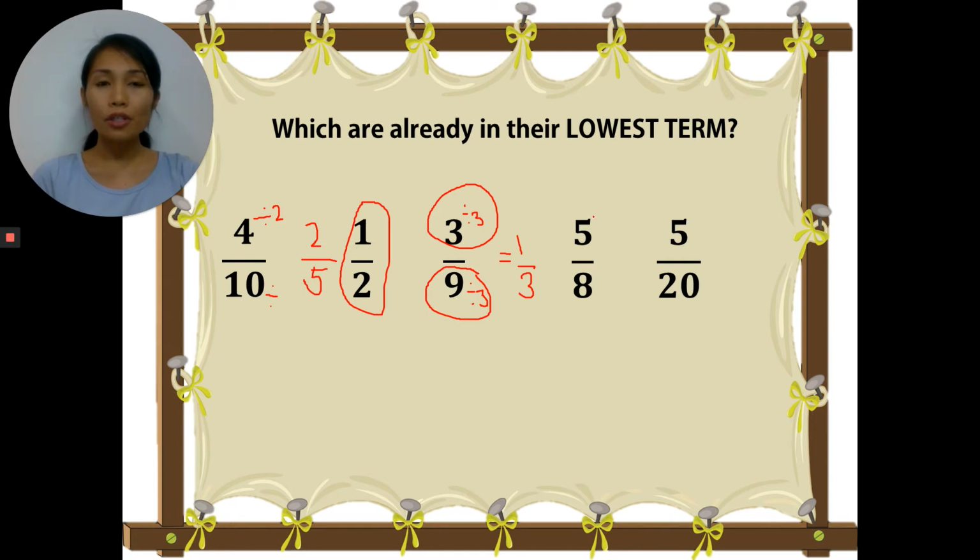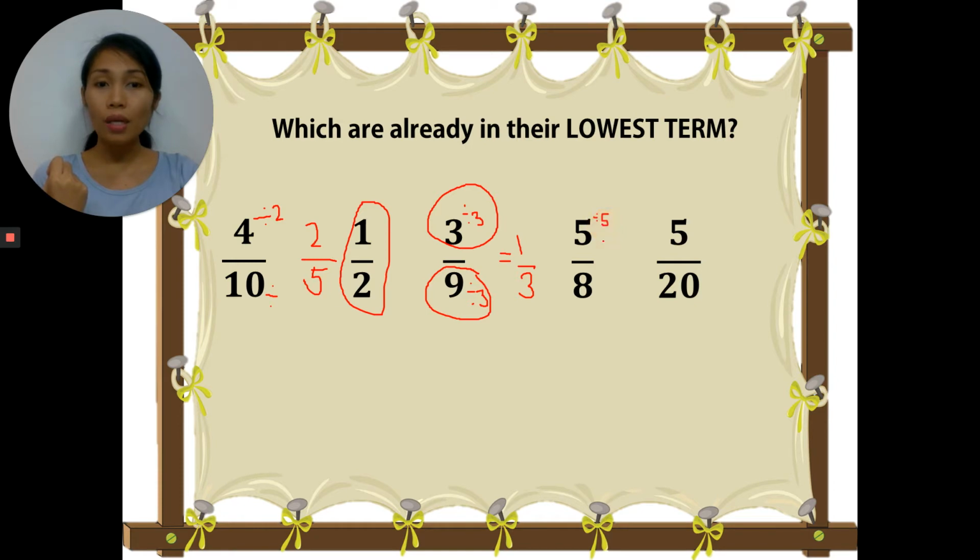Are there any factors you can divide 5 by that is also divisible into 8? 5 divided by what? 4? No. 3? No. There's a remainder. 2? No. There's a remainder. 1? No. But we can divide it by 5.